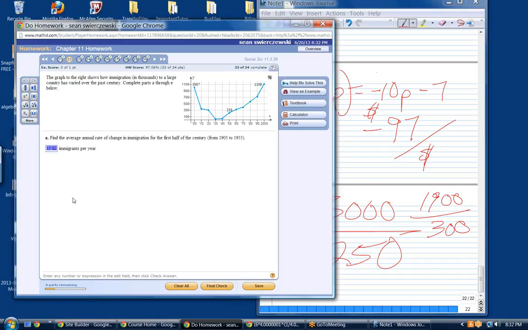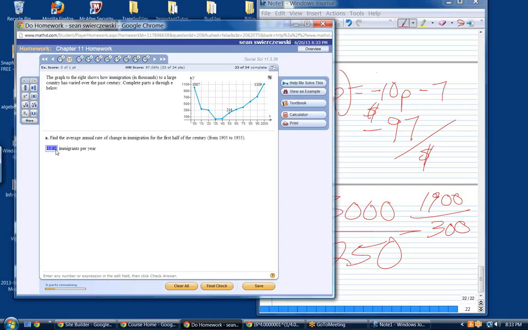Yeah, I tried the positive number. It was 791 divided by 50, 15.82 precisely. Immigrants per year.